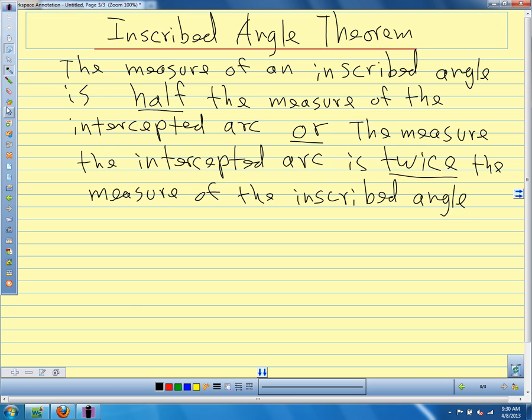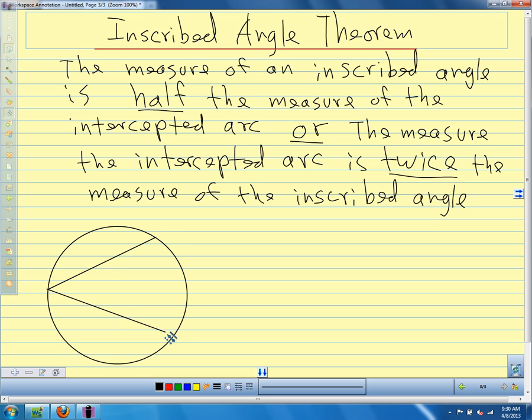And my picture, the way I usually like to draw this is if we draw our circle and we draw our inscribed angle here. To go from the angle to the arc, we multiply by 2. So to go from our inscribed angle to our arc, we multiply by 2.